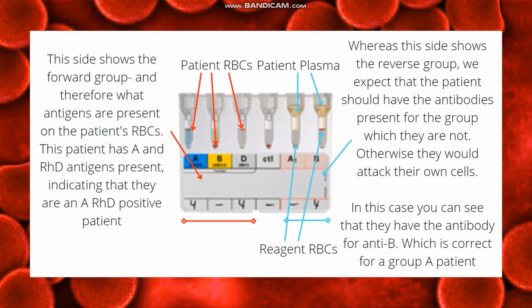So what we expect them to have is the opposite. So this is a group A patient, so they should have anti-B. And if you have a look at this, they're reacting with the B, so they have the B antibody. Therefore, this patient has presented as a group A RHD positive patient.